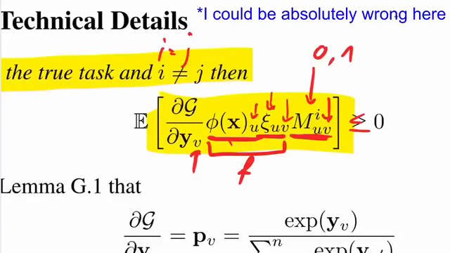So if we look at the gradient with respect to this function, with respect to the logit, the function basically just measures how high these superfluous logits are. Then why do we find a negative interaction there?